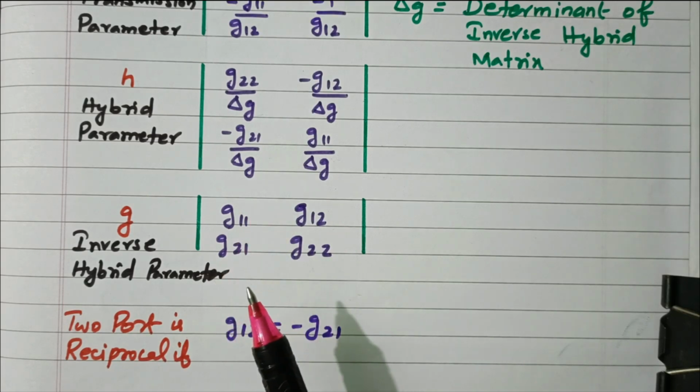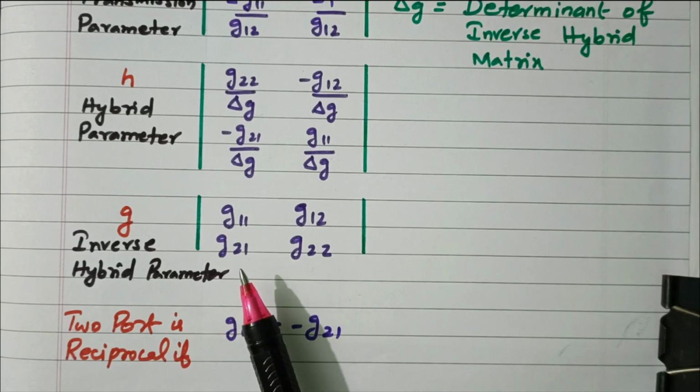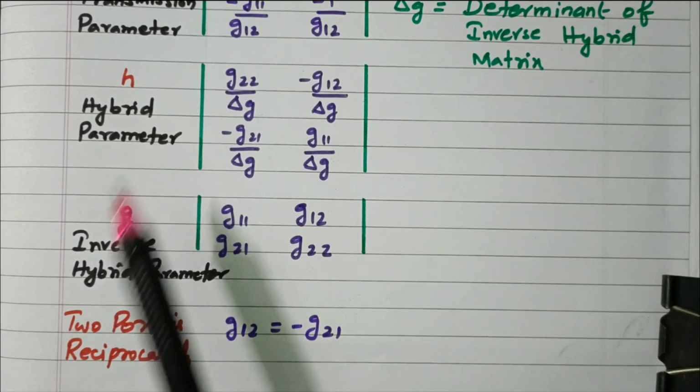So now we have expressed all the parameters: Z parameter, Y parameter, A, B, C, D, A dash, B dash, C dash in the transmission and inverse transmission parameters, then the hybrid parameter.